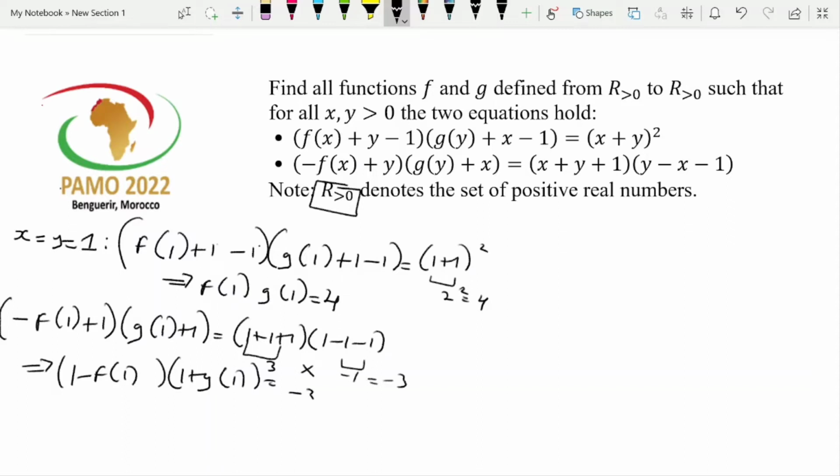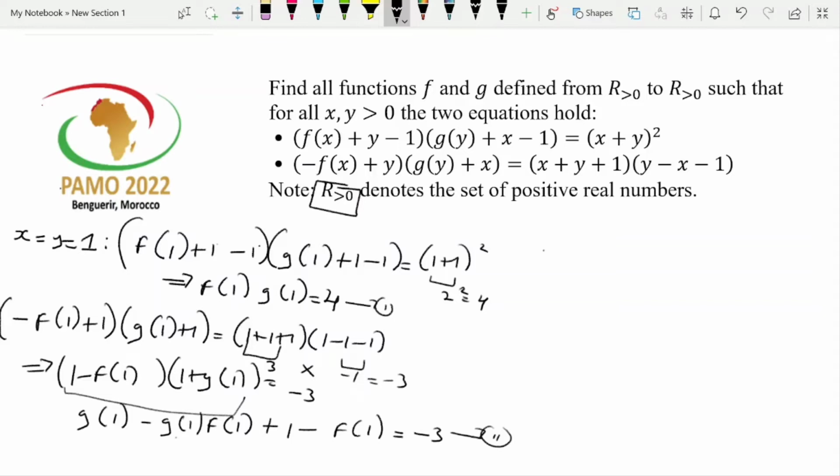So you can expand. When you expand, you have g(1) minus g(1) f(1) plus 1 minus f(1) equals minus 3. Let's call these equations 1 and 2.